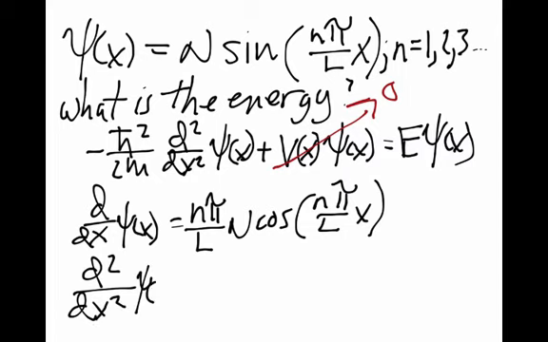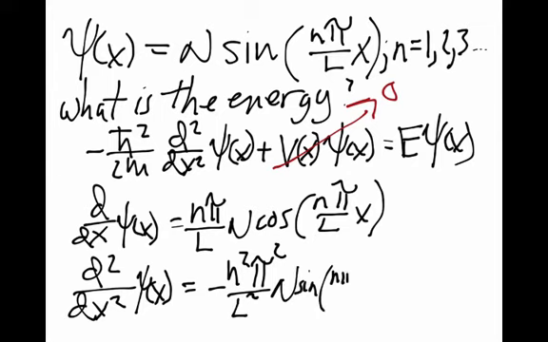d squared over dx squared of psi of x is equal to, now we get another n pi over L popping out here. So we have n squared pi squared over L squared. The N sticks around. When we take the derivative of cosine, a minus sign pops out as well. We go back to sine, and then we've got n pi x over L there.